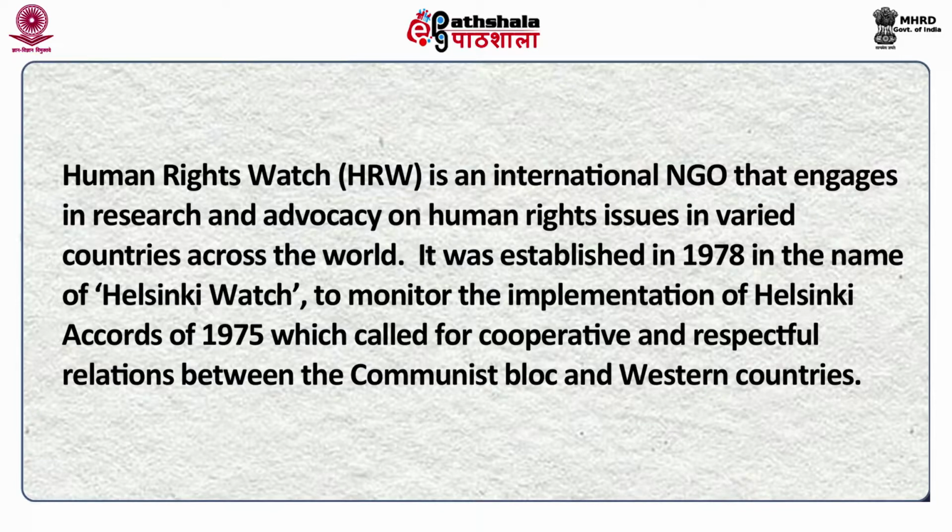It was established in 1978 in the name of Helsinki Watch to monitor the implementation of Helsinki Accords of 1975, which called for cooperative and respectful relations between the communist bloc and the Western countries.